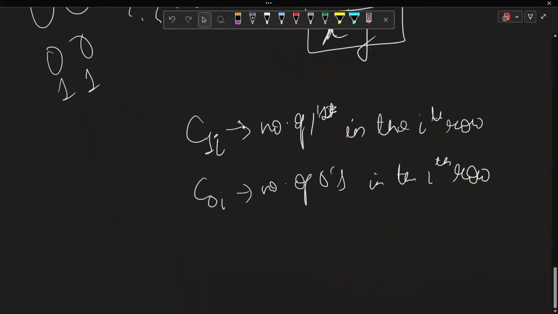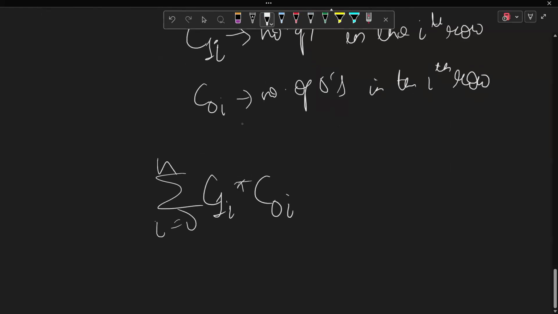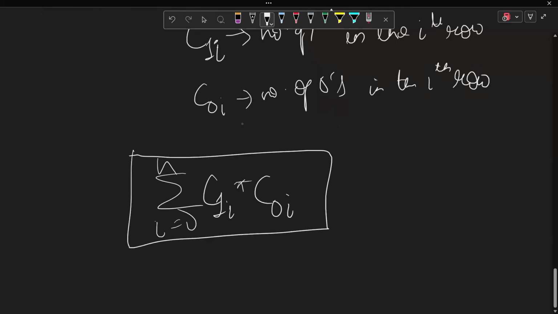Then c1i into c0i is going to be my sum of Hamming distances for the ith row, and if you sum this over all the indexes, this is the final value that we need to maximize.